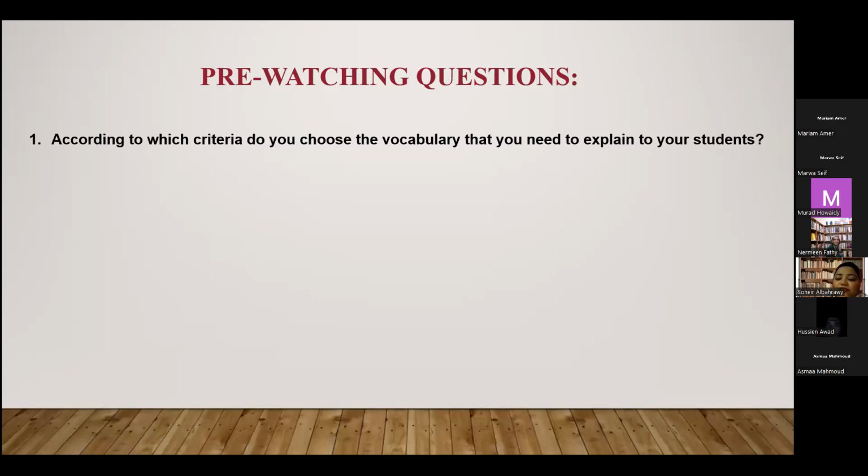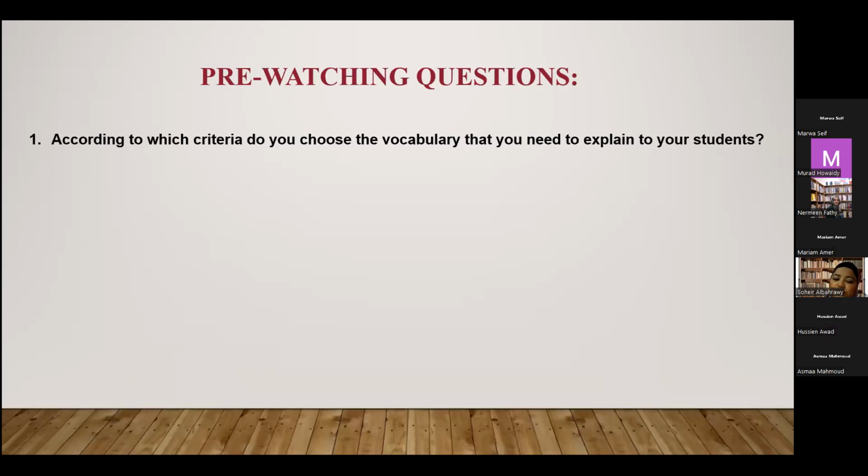We have another hand now, Marwa Saif. Please, Marwa, unmute yourself. All right, Miss, I'm here. Thank you. As far as I'm concerned, I believe that teaching vocabulary is sometimes a must in an ELT context, because, for example, if I'm teaching my students reading or listening, some words obstruct their way of understanding the whole thing or doing the task.